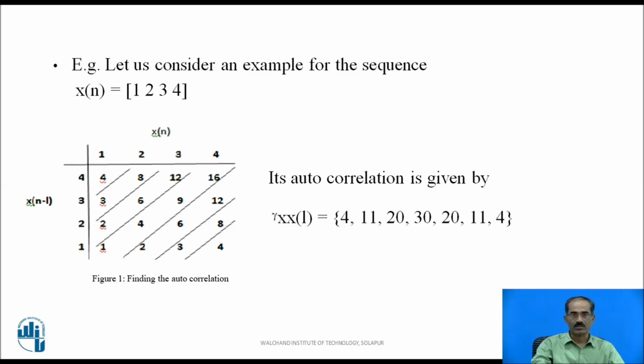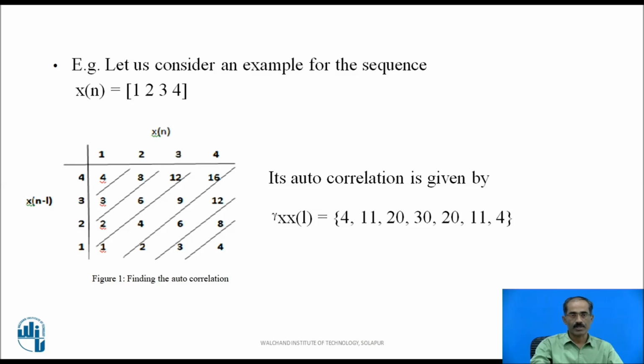We need to write the x of n as well as x of n minus L in the diagram shown. So x of n will be written in the first row and x of n minus L will be written in the column in time reversal format. Then first element in the column will be multiplied with first element of the row, and that is 4 into 1 is 4.